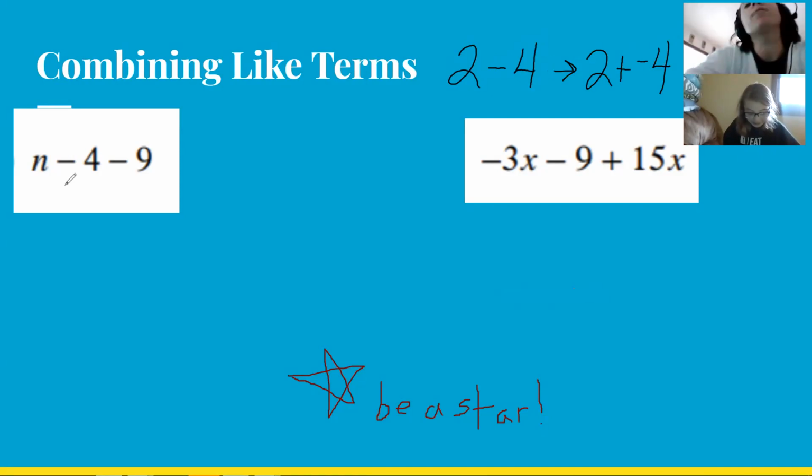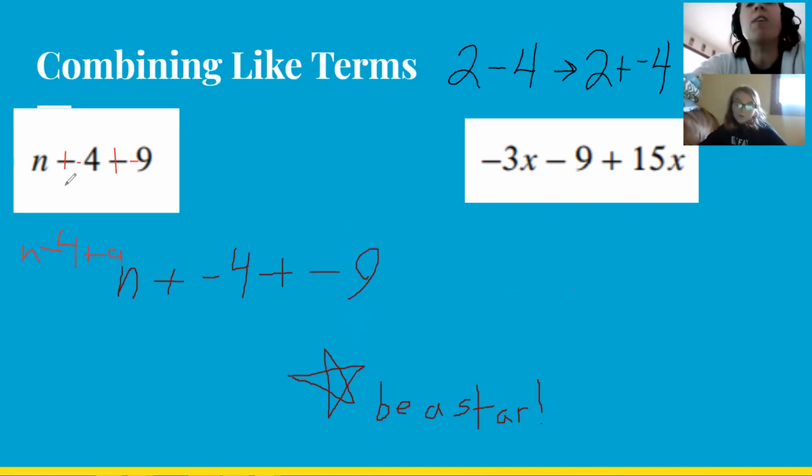So let's change that n minus 4 minus 9 to those plus negatives. What would that look like if you did that? Plus -4, yep. And then what about the 9? Plus -9. Good. Very good, you guys. You got it. Good work.